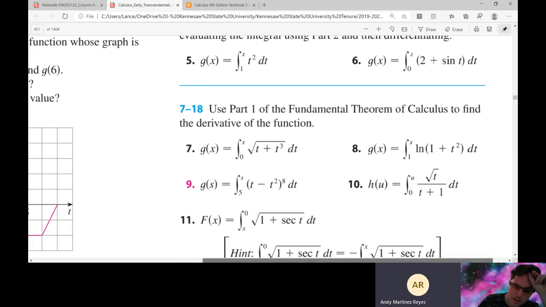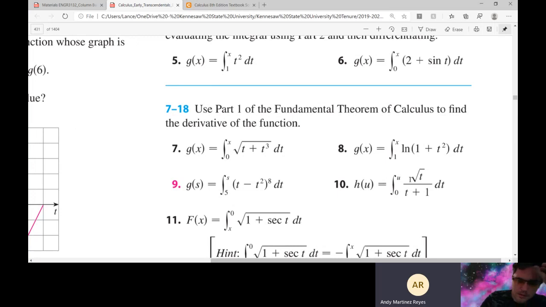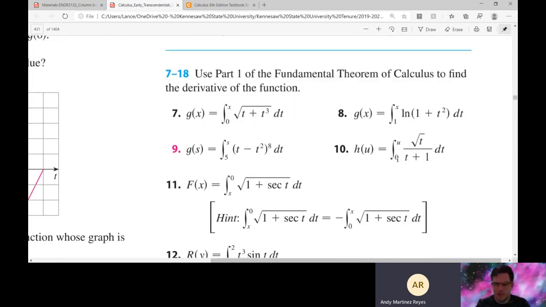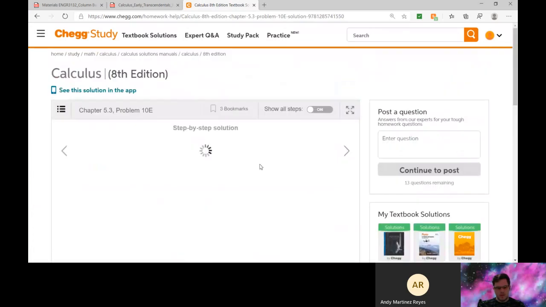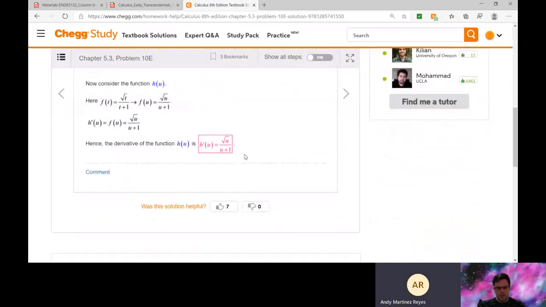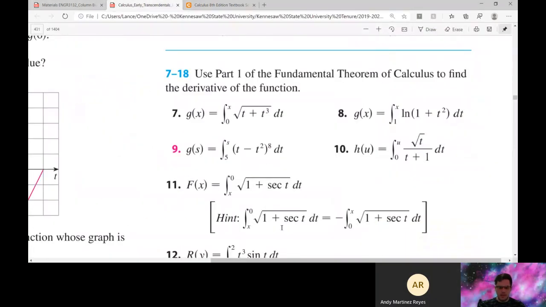Okay. I know this gets harder because the linearization ones are really hard. Yeah. And this one's just the square root of u over u plus 1. Yep. Now, this one told you exactly how to do this problem.